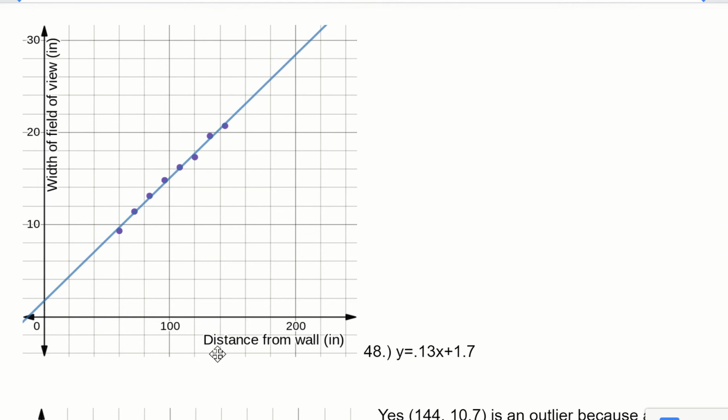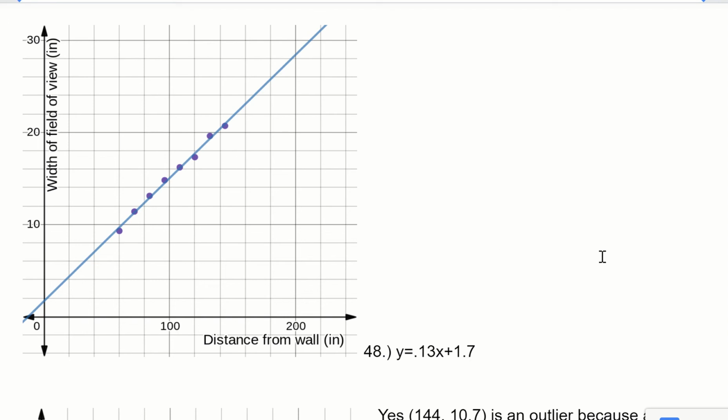They included nice labeled axes, distance from the wall in inches, width of field of view in inches, and the equation of the line of best fit that they got, which they wrote down as y = 0.13x + 1.7. I can see that they rounded the slope to the nearest hundredth, and they rounded this to the nearest tenth, and I'm fine with that rounding unless I specify something else.